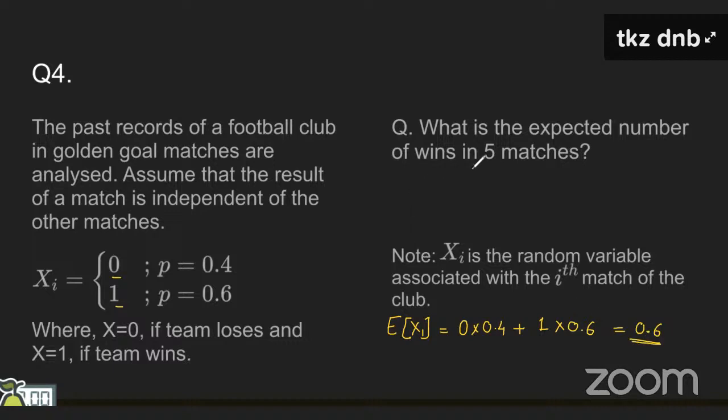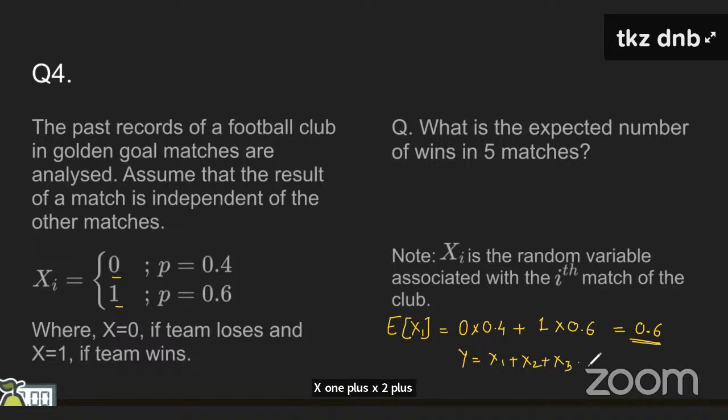Now they are saying 5 matches. So x1 was the variable for winning or losing the match, right? So now we are playing 5 matches. So let's say y is equal to x1 plus x2 plus x3 plus x4 plus x5, because we want to calculate how many matches they have won.